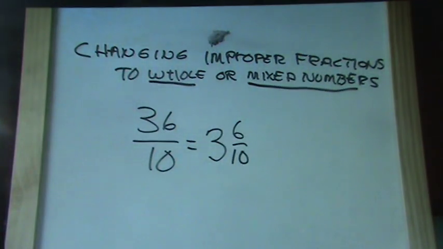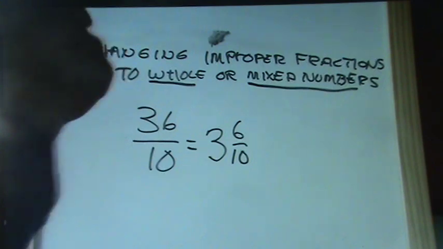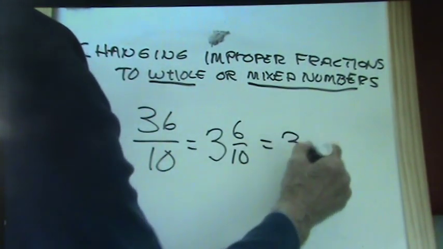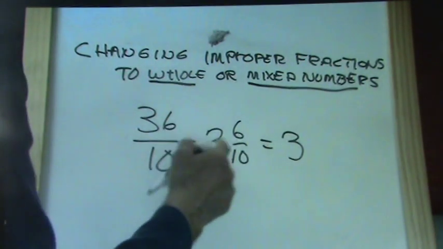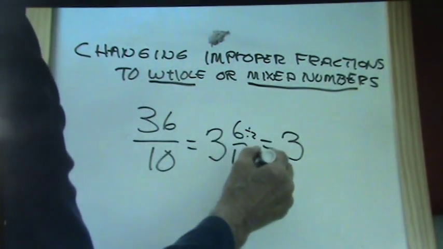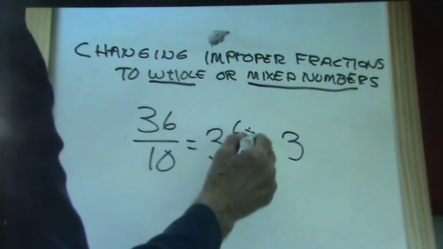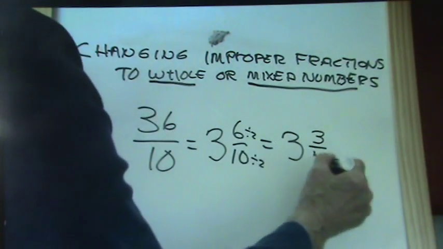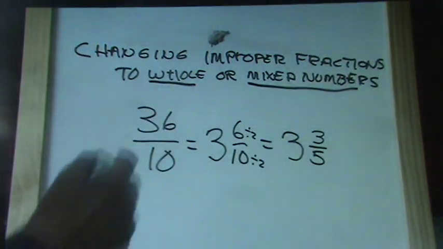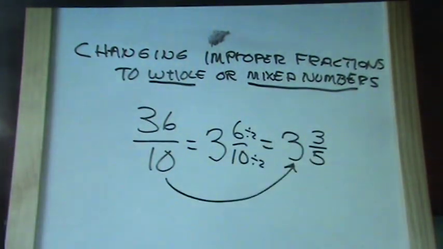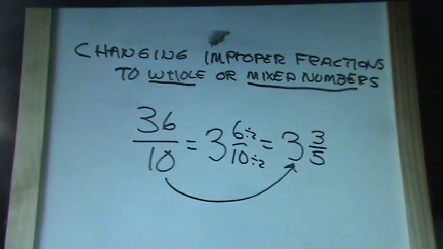And then I have to say to myself, well, okay, is 6/10 in its lowest terms? And no, it's not. Now, 2 can go into 6, so I divide by 2, and I know 2 can go into 10. 2 goes into 6 3 times, 2 goes into 10 5 times. So 36/10 is the mixed number 3 and 3/5.